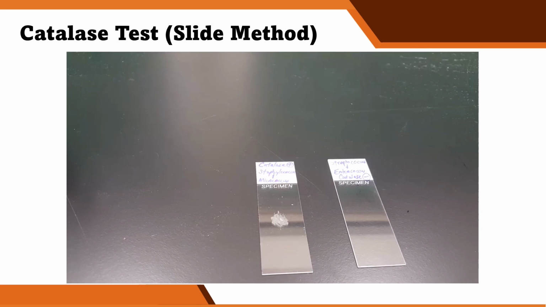Today we're going to be doing the catalase test, and what it is if an organism is catalase positive, it can break down hydrogen peroxide into water and oxygen. So a catalase positive reaction is going to cause bubbles, whereas a catalase negative reaction is not going to have any bubbles at all.